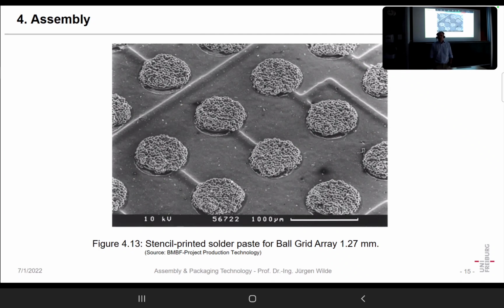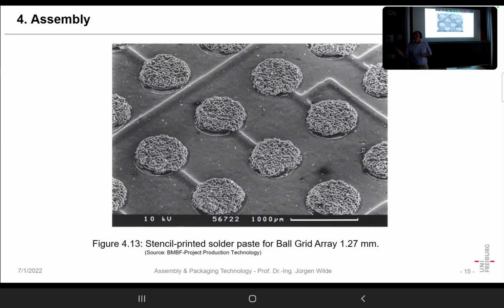You could just say, okay, that's the way we did it. In fact, it was not so easy, because one thing was that ball grid array technology was not as reliable as quad flat pack technology, with respect to temperature cycling, cycling 3000 times to 125 degrees centigrade.